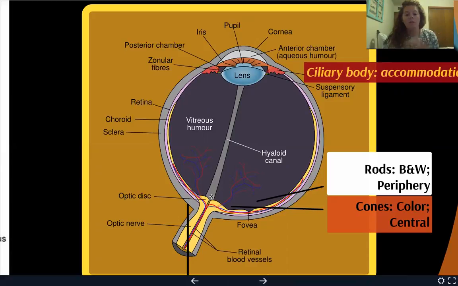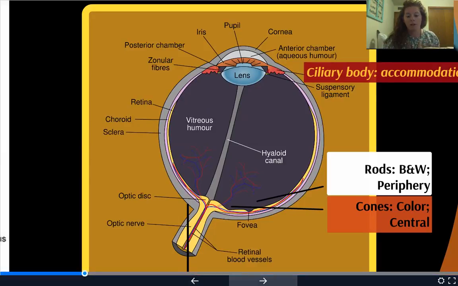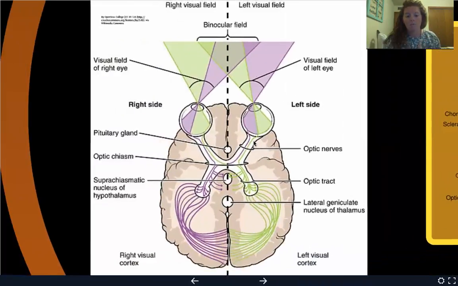And then those cells send messages to the brain through the optic nerve, right? You'll notice that from there, the optic nerve splits in half from each eye. Part of it goes to the same side of the brain, and part of it goes to the opposite side of the brain.